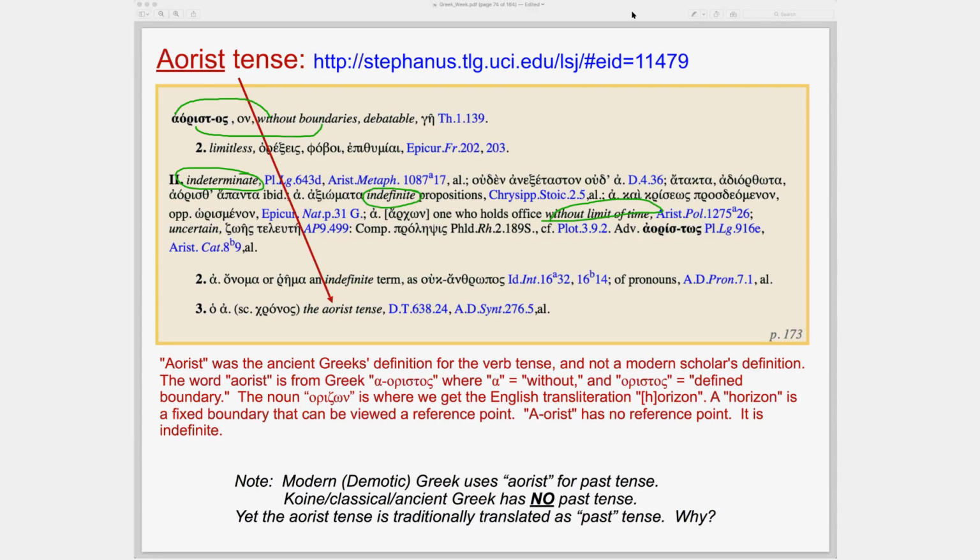And here, actually, definition number 3 is the aorist tense. Recognize this guy? This is the same guy, Apollonius, oh, what's his name?